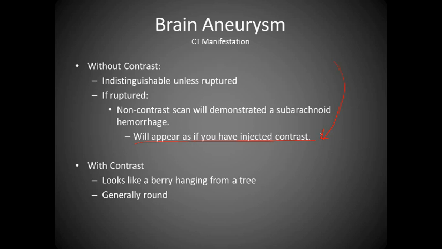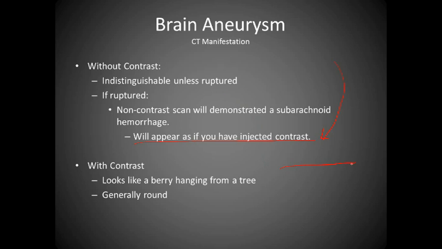They were giving her things in the ER before they shipped her out to bolster her blood. And so they ship her out, and they repair the aneurysms, and actually she's doing quite well today. But that's something that you're going to see, that if they're ruptured, it's going to look like you've injected contrast.